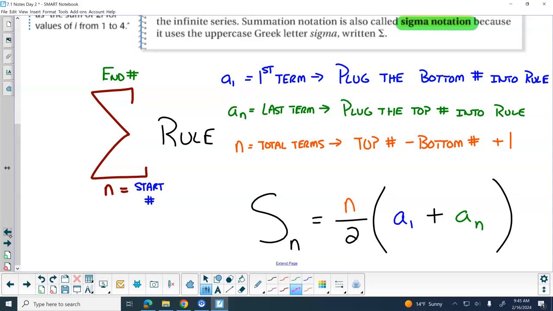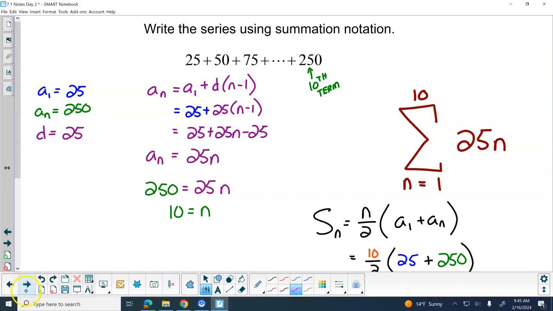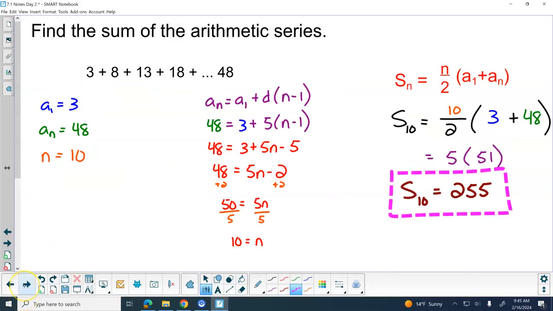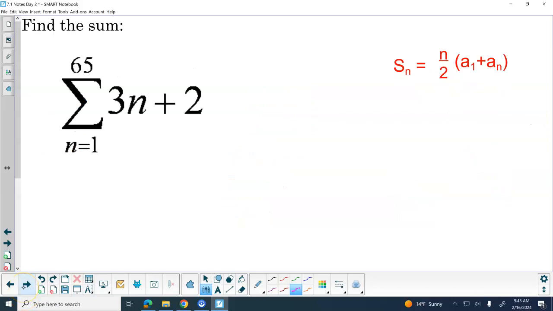And then my total number of terms is? Right, so what do I need? How do I find a sub 1? What do I plug into the rule?